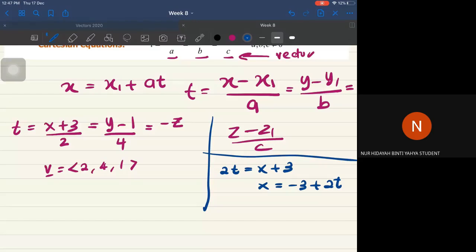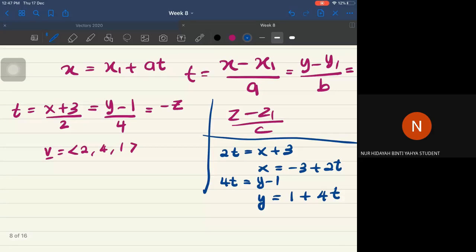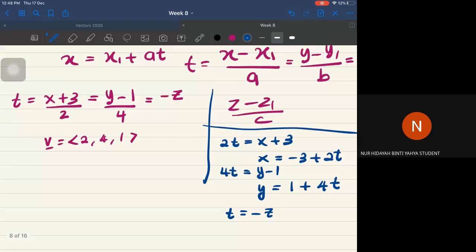Next one, 4t sama dengan y tolak 1. So your y is equals to 1 plus 4t. And the last one, t sama dengan negatif z. So z sama dengan negatif t. So supposedly dekat sini adalah negatif 1.